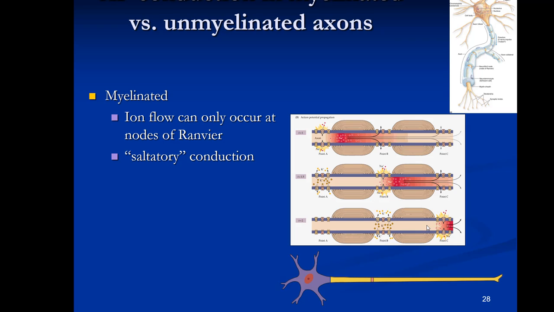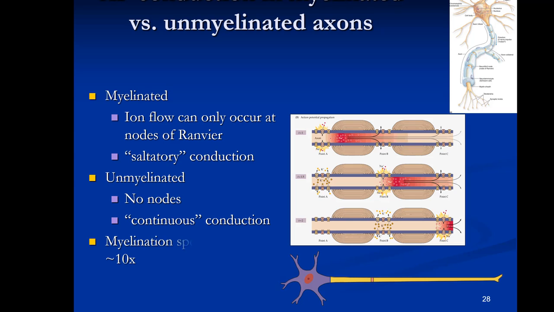All right, how does this differ in myelinated versus unmyelinated axons? Well, the purpose of myelination, we called it insulation, but really what it does is speed up the action potential. To show this, I'm going to start with an unmyelinated axon. That's what we've been talking about.